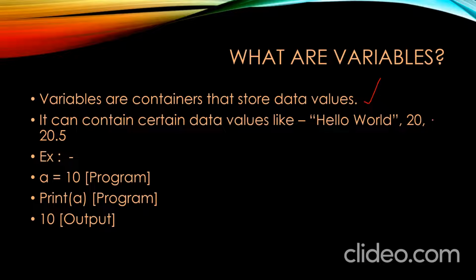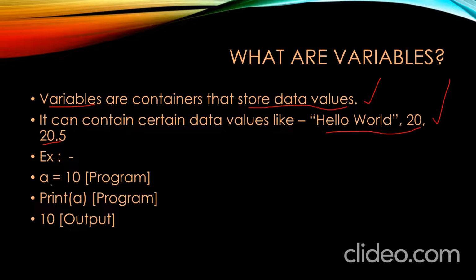So what does that dabba contain? It contains Complan. So that's what makes it a dabba of Complan. Okay, so this is what variables means. Variables are containers that store data values. Okay, it can contain certain data values like hello world, 20, 20.5.